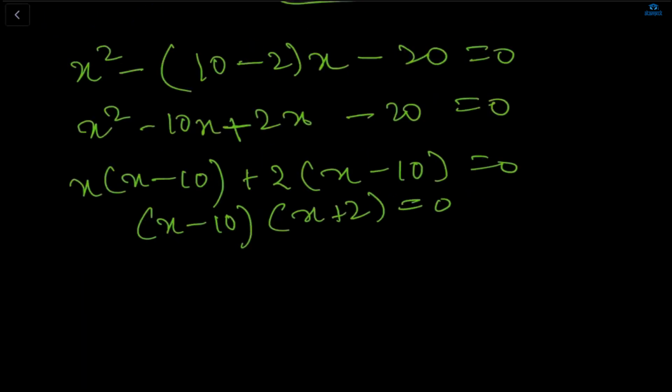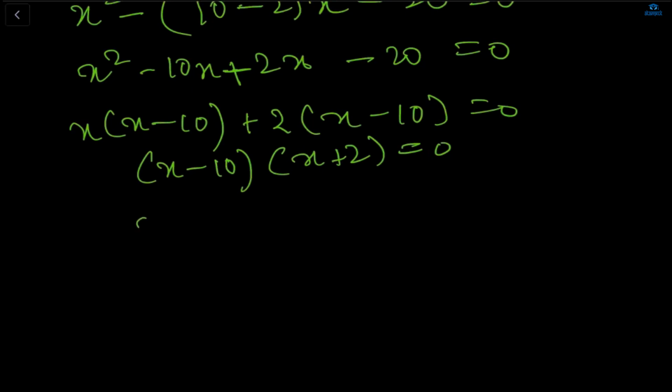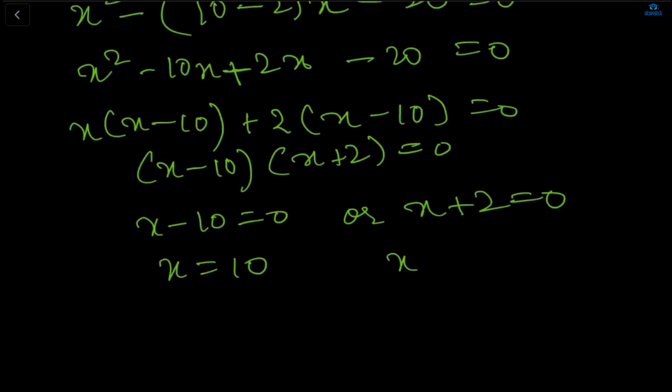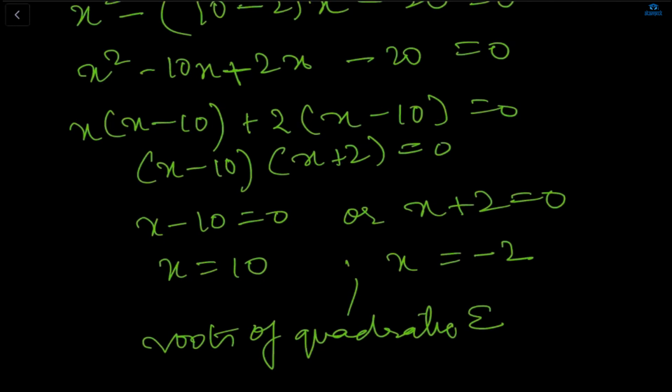Now individually you equate each to 0: x minus 10 is equal to 0, or x plus 2 is equal to 0. So x is equal to 10 and x is equal to minus 2. These are the roots of the quadratic equation. Understood?